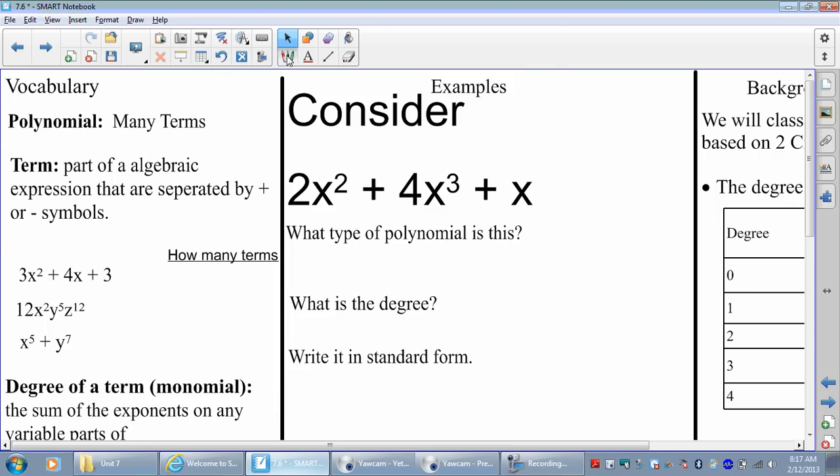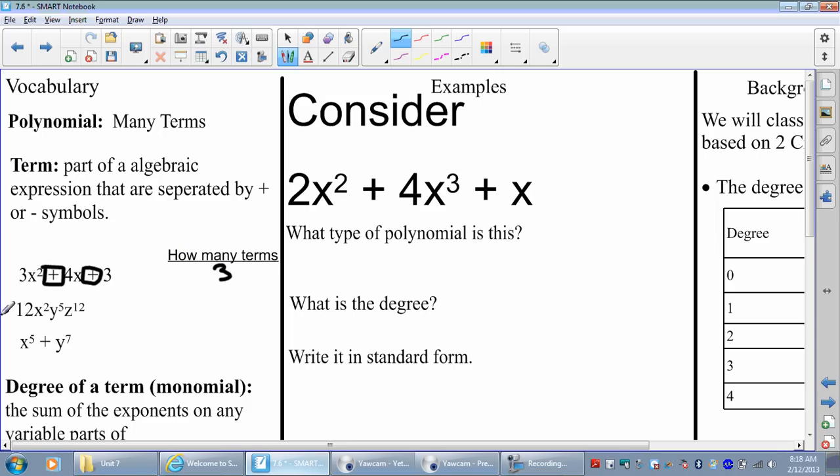If we're looking at this right here, 3x squared plus 4x plus 3, how many terms are there? Well, again, it's the parts of an algebraic expression that are separated by plus or minuses. So this is separating some terms, and this is separating some terms. That means that we have 3 terms.